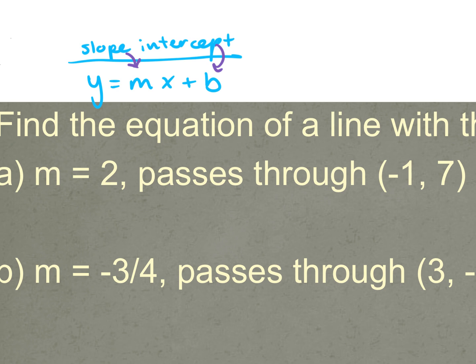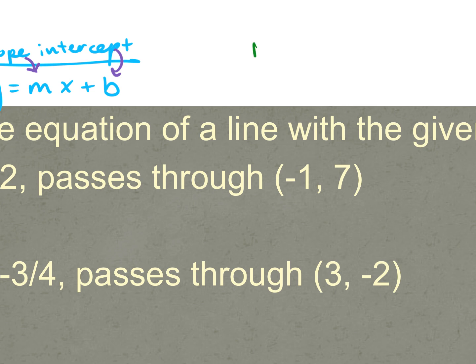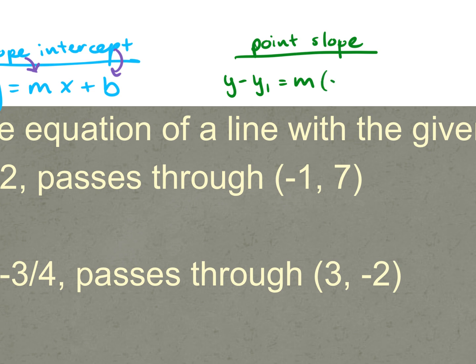The other equation of a line we'll see pretty frequently is point-slope form. Point-slope form is y minus y1 is equal to m times x minus x1. So if we're given a point and a slope, we may want to use point-slope form.